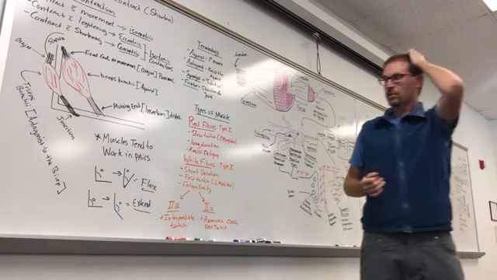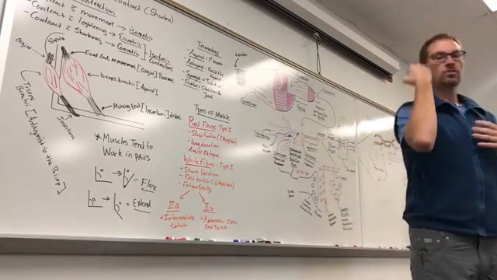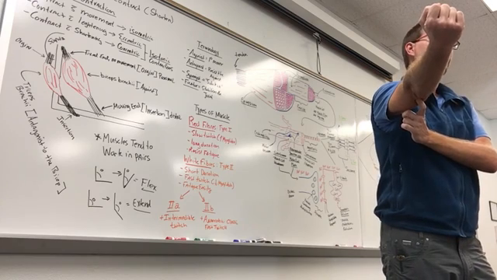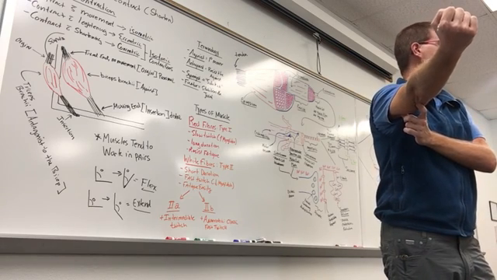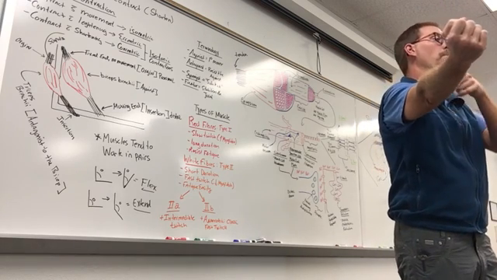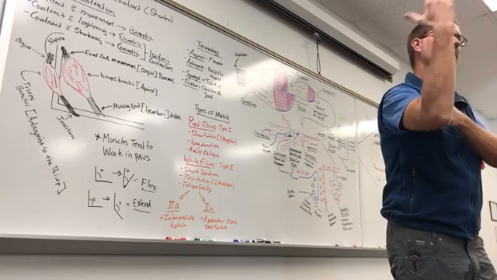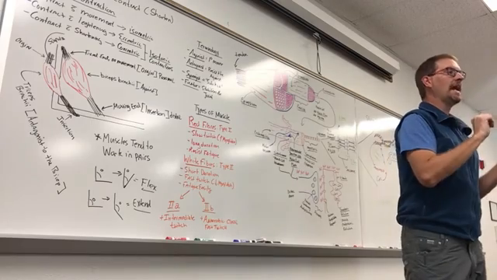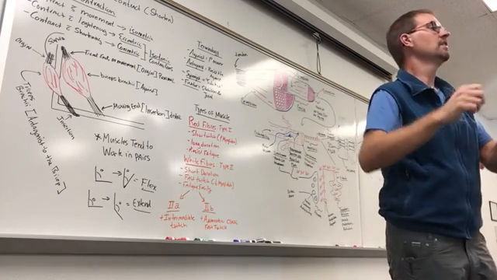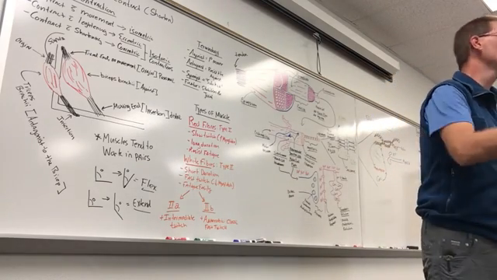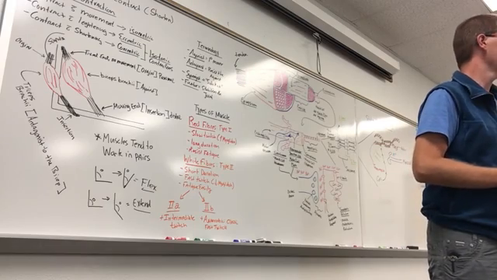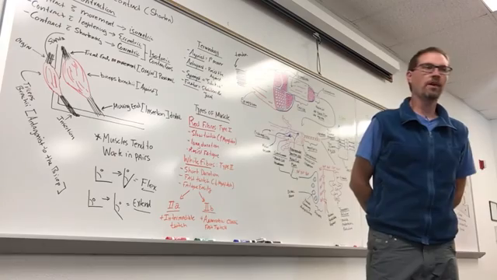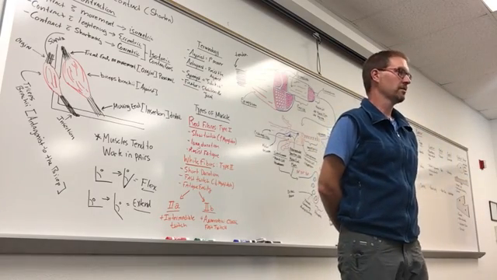Could we also say that when it comes to extending the forearm, the triceps would be the agonist and the bicep would be the antagonist? So what is an agonist and what is an antagonist depends on the kind of motion that you're looking at. We cannot say that the biceps brachii is always going to be an agonist muscle because it may not.